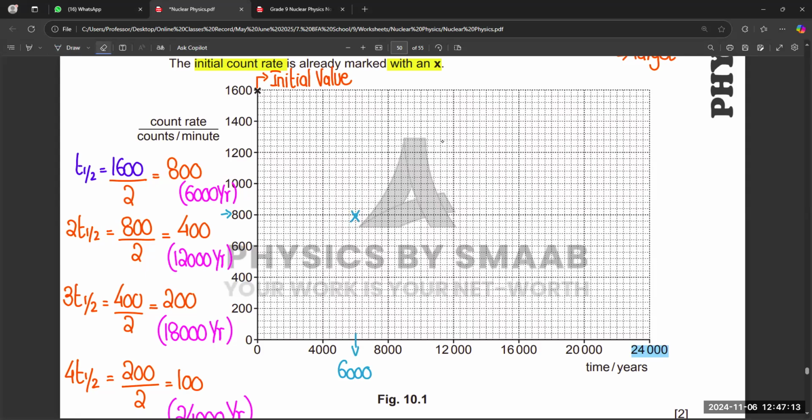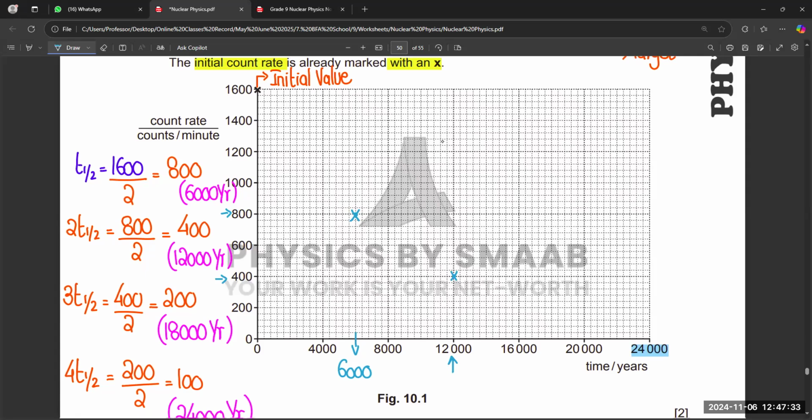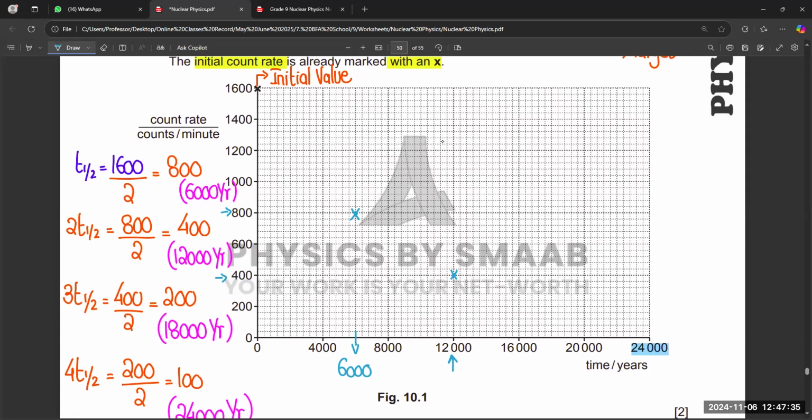And for the second half-life, we need to find 400 at 12,000 years. So this is 400, and 12,000 is also already marked on the table. So this is the second value. Okay. And for the third value, 200 with 18,000 years. 200. Again, between 16 and 20, it is equal to 18,000.